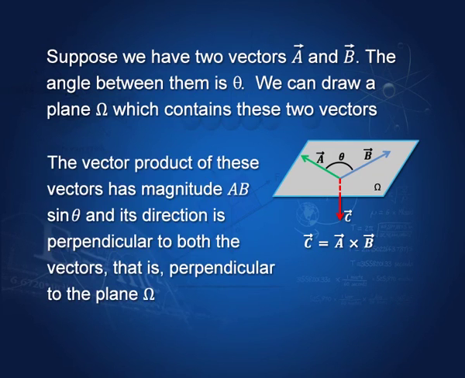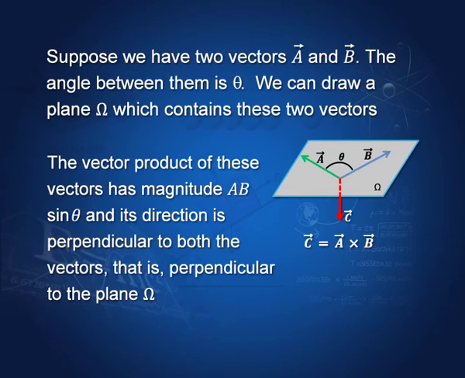The vector product of these vectors has magnitude A B sin theta, and its direction is perpendicular to both the vectors, that is perpendicular to the plane omega. Let me repeat, the vector product of A and B is a vector which is perpendicular to both A and B, and its magnitude is A B sin theta, where theta is the angle between them.